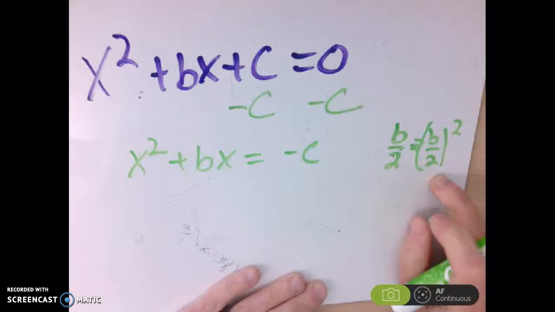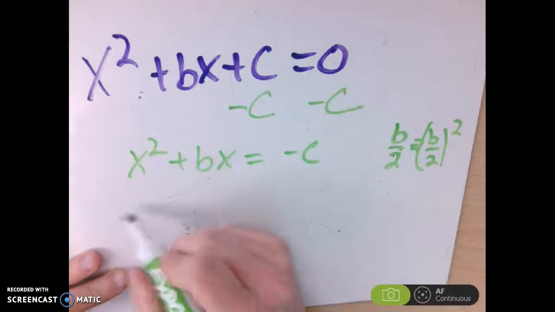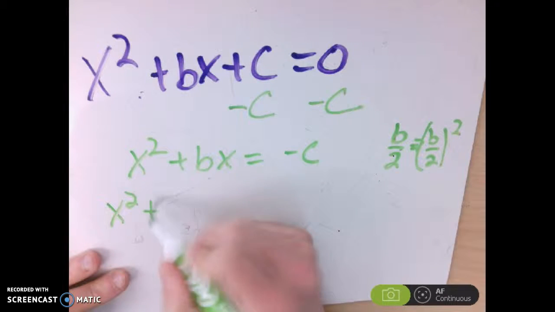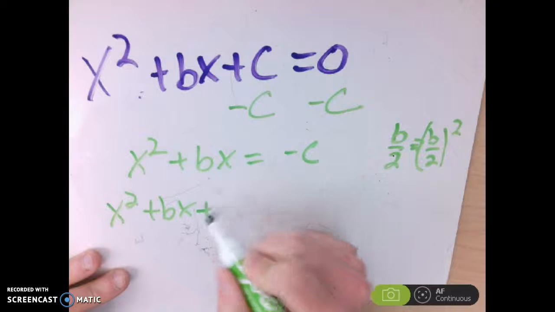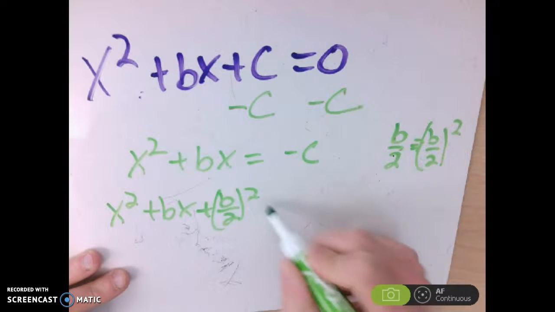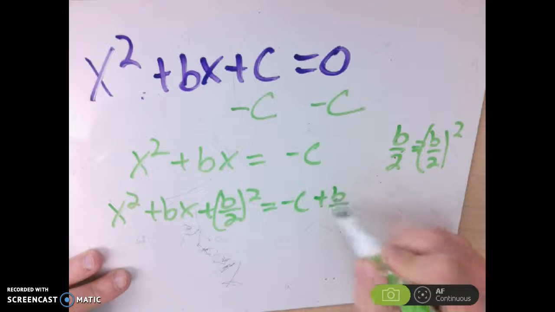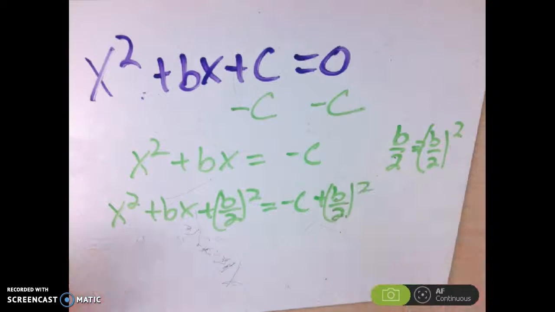Okay? And then I can add things to the equation as long as I add them to both sides of the equation. So I'm going to take this b over 2 squared and add it to both sides. So I'm going to do x squared plus bx plus b over 2 squared equals negative c plus b over 2 squared. And now I didn't change the equation at all because I added the same thing to both sides.